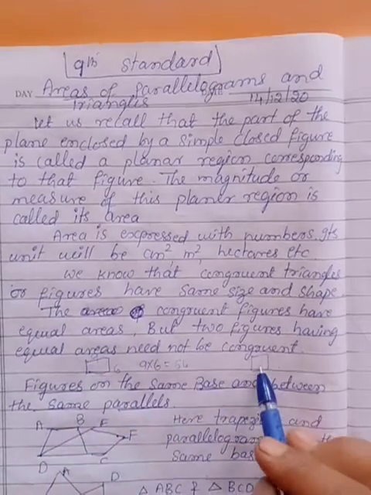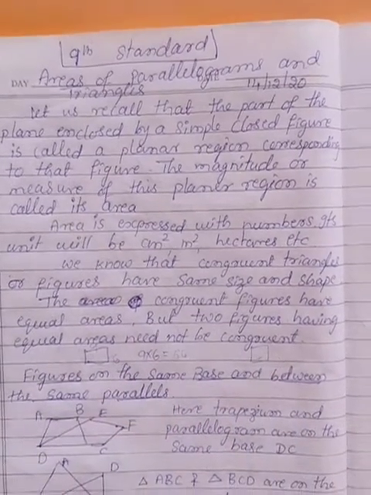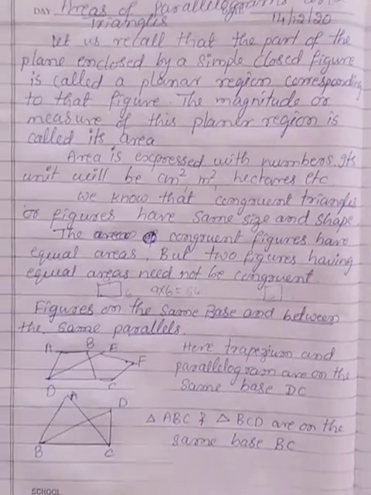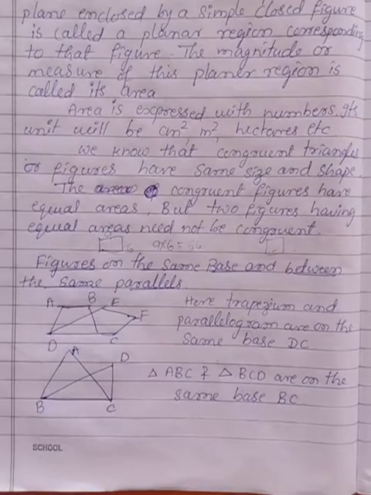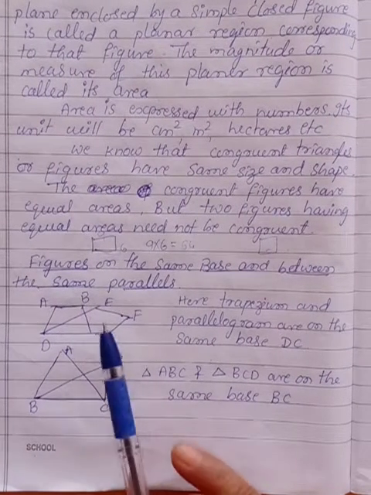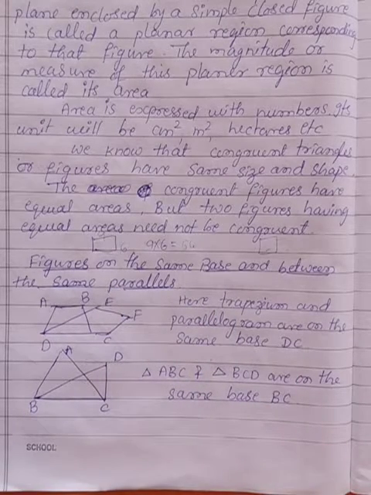They are not congruent, isn't it? So if areas are same, they need not be congruent, but if the figures are congruent, then their areas will be the same only.